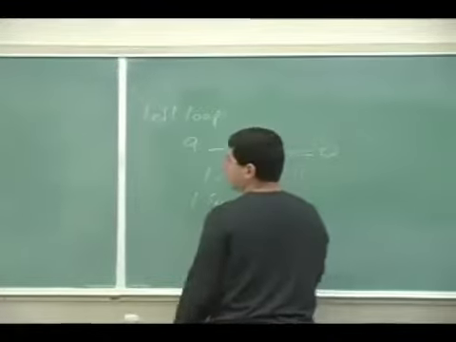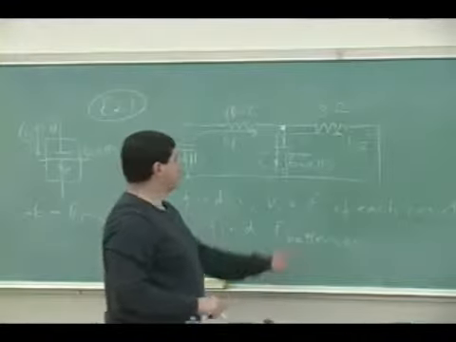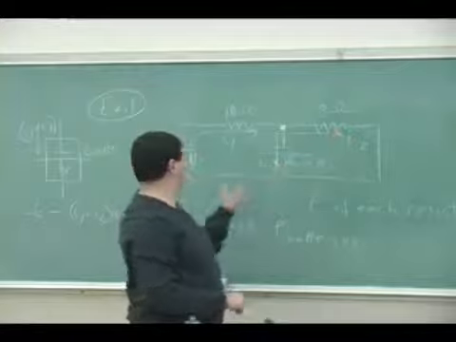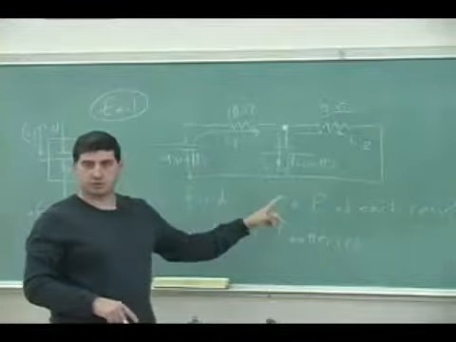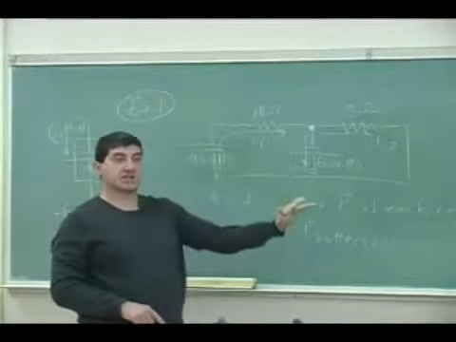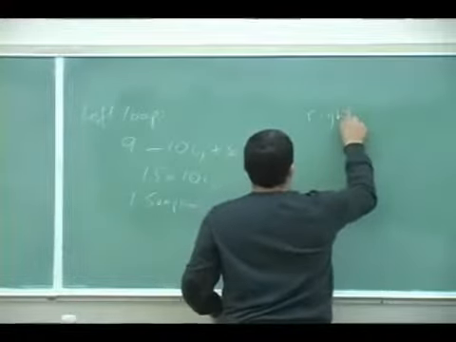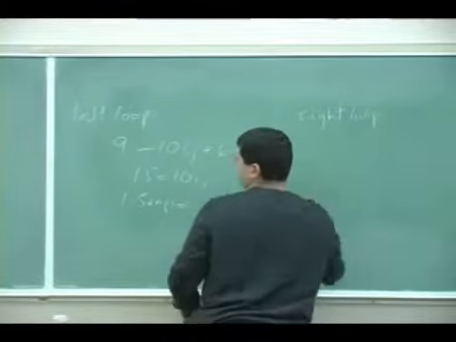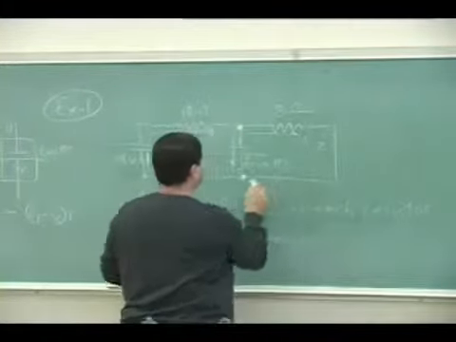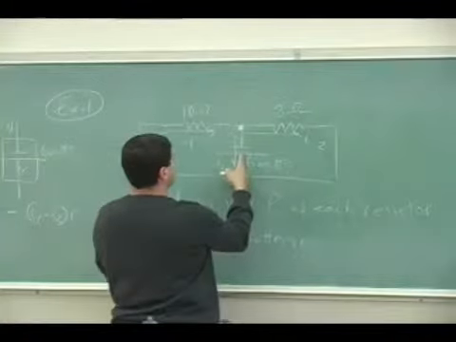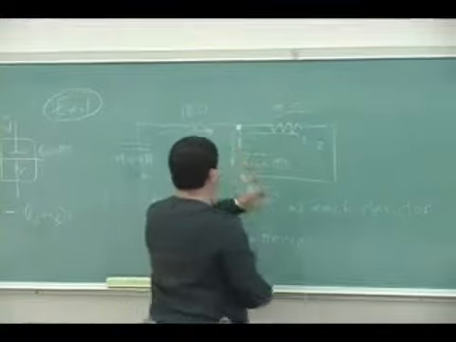And then to do this one, the right loop, well, I could either do the total loop or I could do just the right loop, because you just need a second loop. So let me show you how it would work. If I do the right loop, you would start here and then go around this way. You would go positive to negative, you would lose 6 volts, right?